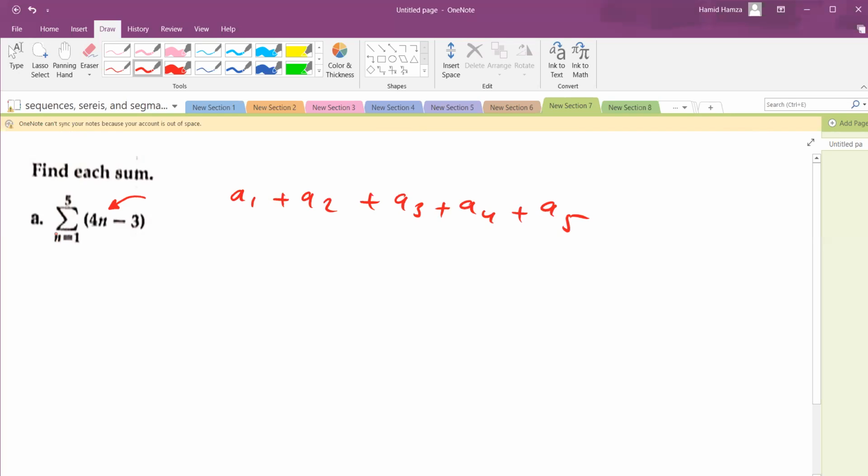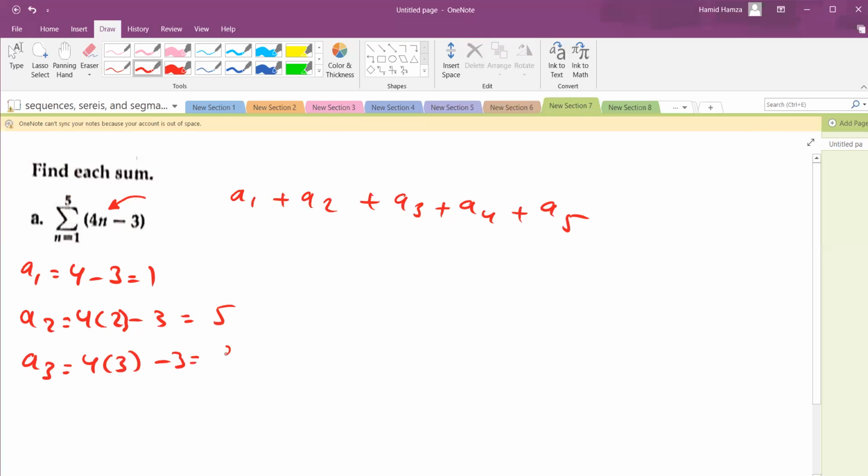So this partial sum refers to finding the sum of this sequence starting from A1 and ending by A5. So we will find A1 first by putting n equals 1. So it will be 4 minus 3, so it will be 1. A2, so it will be 4 multiplied by 2 minus 3, so it will be 5. Then A3, so 4 multiplied by 3 minus 3, so it will be 9.